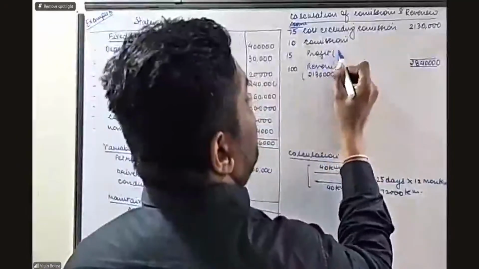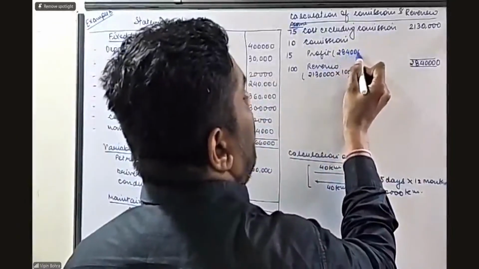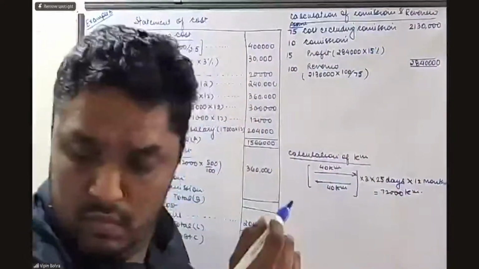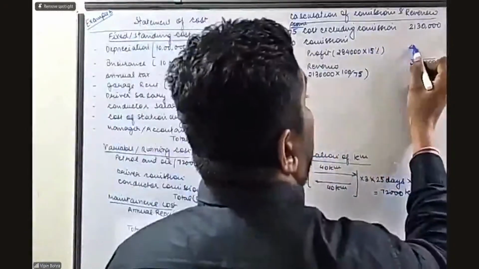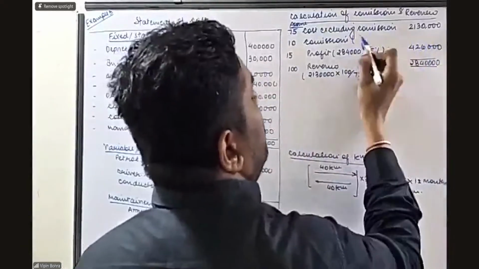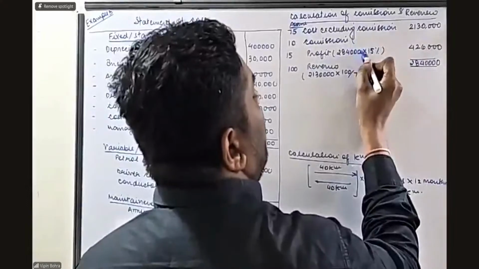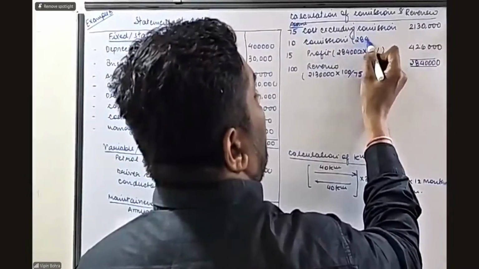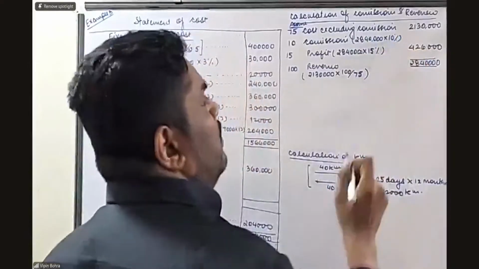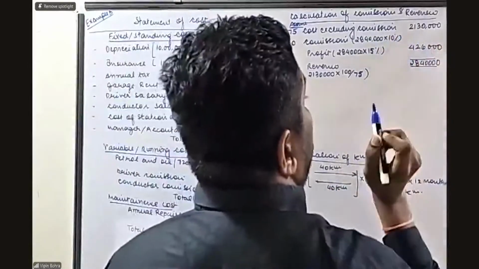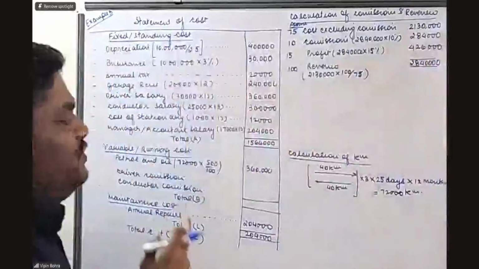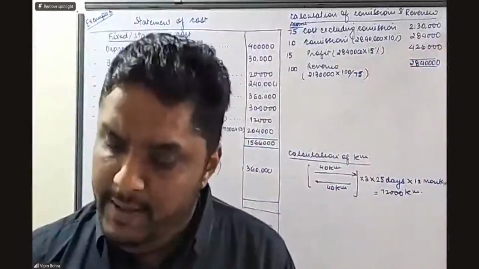So therefore my profit will be how much? 4,26,000. And my commission will be how much? That is 2,84,000. Now this commission is to be shared by driver and conductor equally.